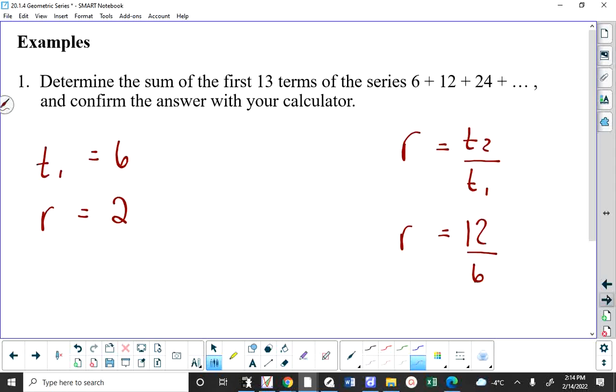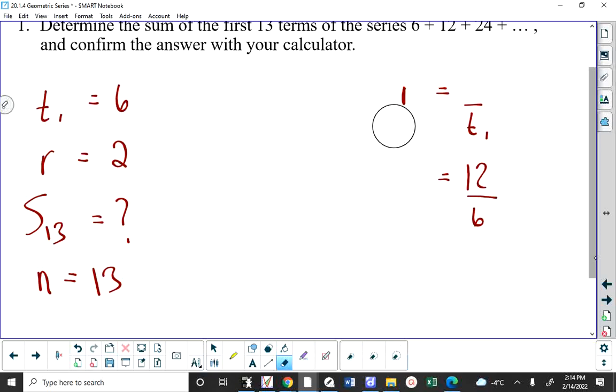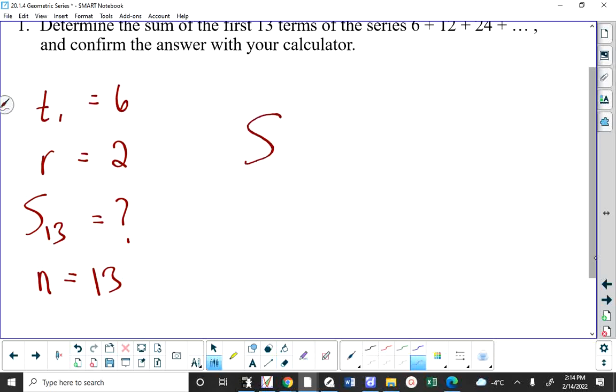No problem. Okay. So we also want to find S13, which means that we also know we have to use n equals 13. It's right there. S sub n is S sub 13. So what is our formula? Our formula is Sn equals the first term times r to the n, then minus 1. Look at how I really spaced that out. R to the n, then minus 1.